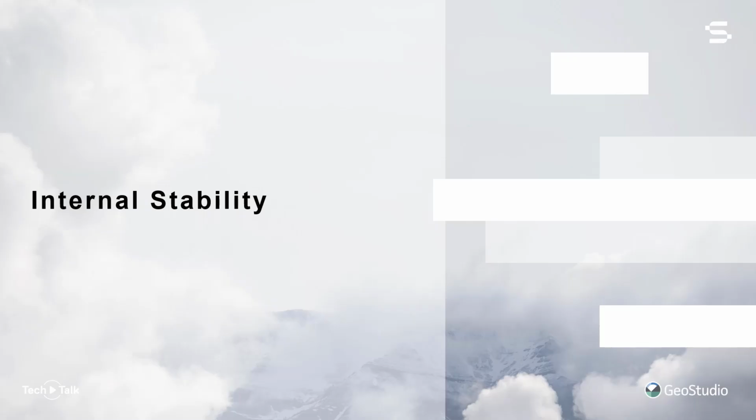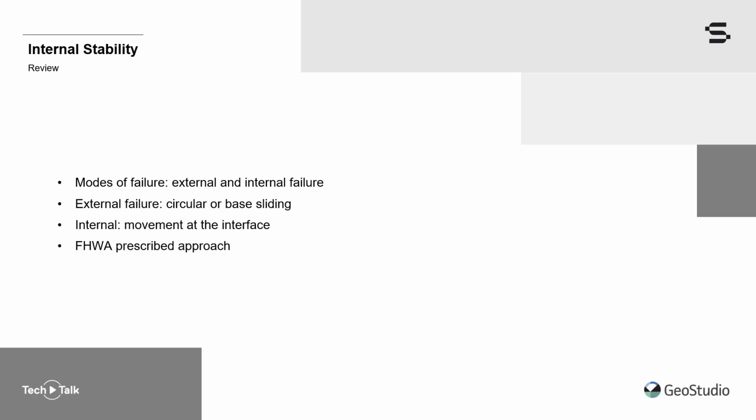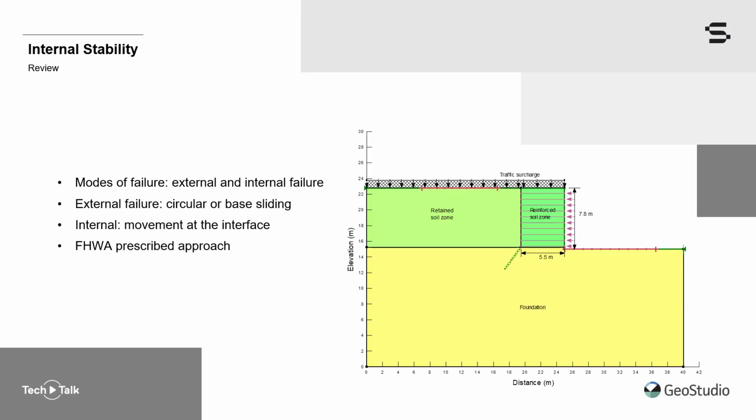Now, let's discuss the issue of internal versus external stability for mechanically stabilized earth walls. It's important to differentiate between internal and external stability. Most mechanically stabilized walls include wall facing, geogrids, backfill, and then the naturally retained material behind the wall.